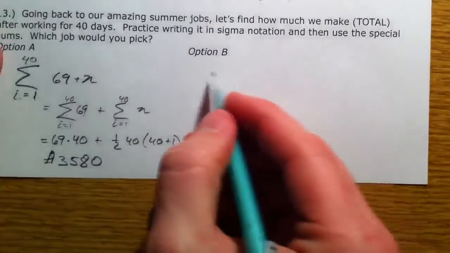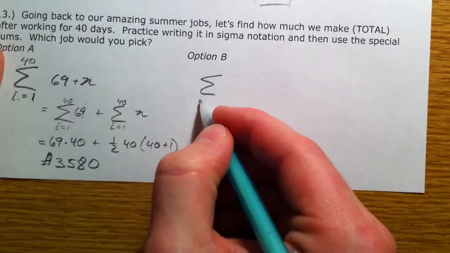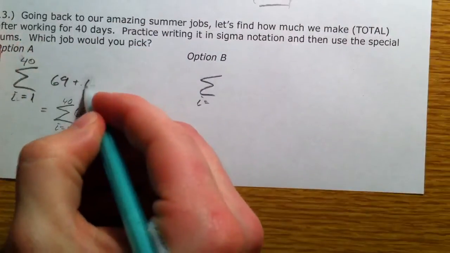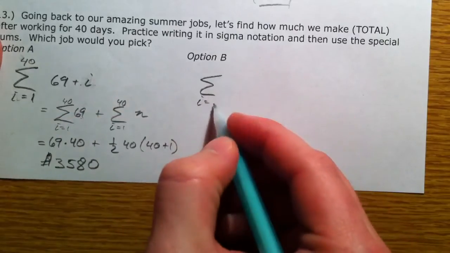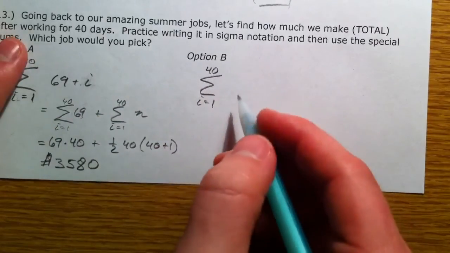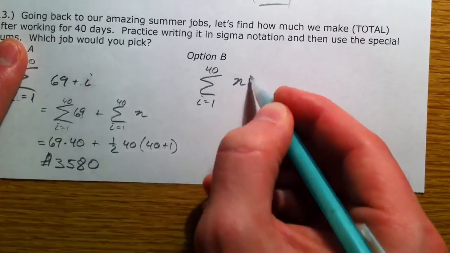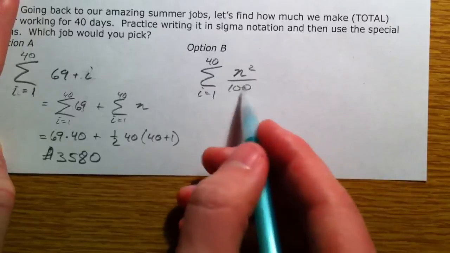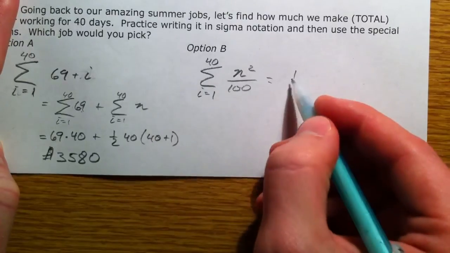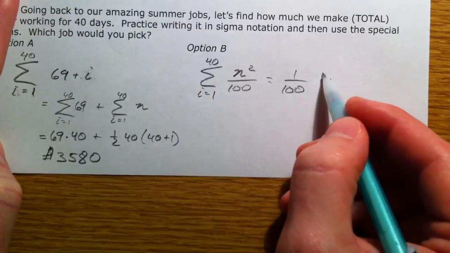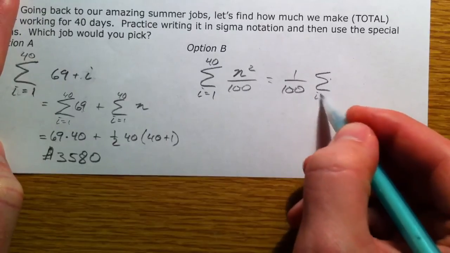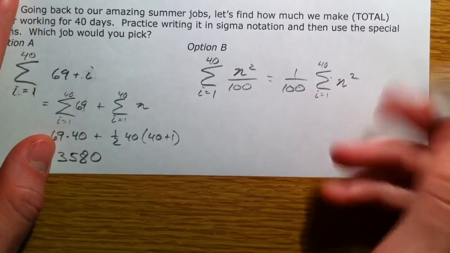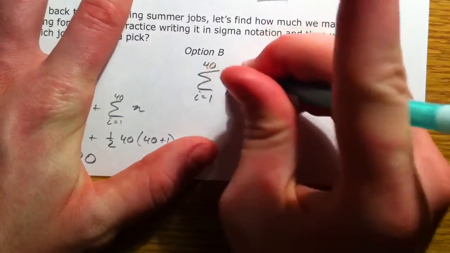Now the second one, we have 40 days, and actually I guess I should make this an i just because we're plugging in i into there. i equals 1 to 40, and we had n squared over 100. So what I'm going to do is I'm going to take out the 100, and that's the same thing as 1/100th times whatever we get as a result of adding all these numbers up, i squared.